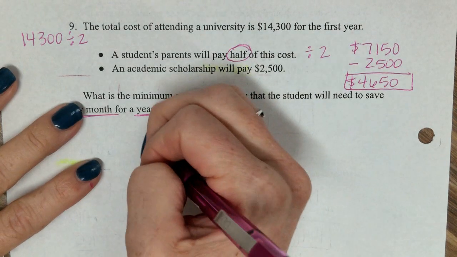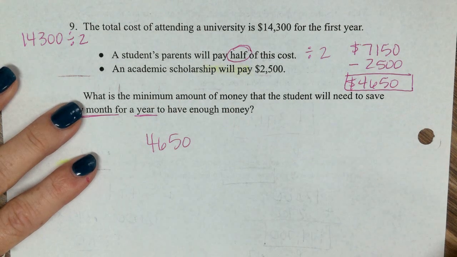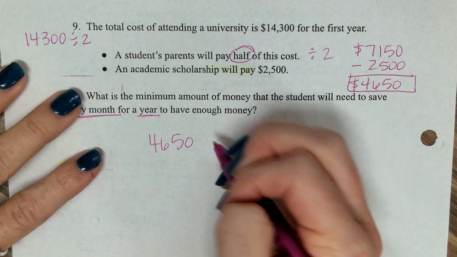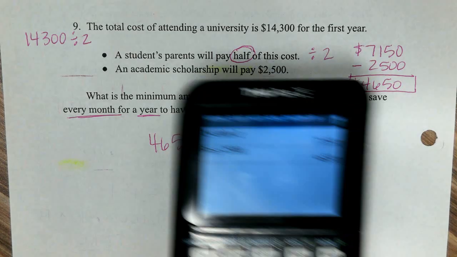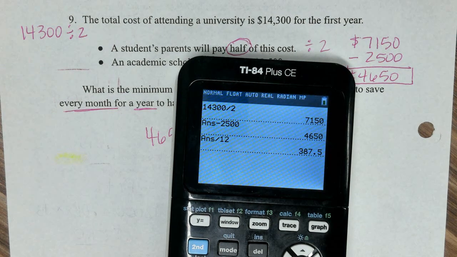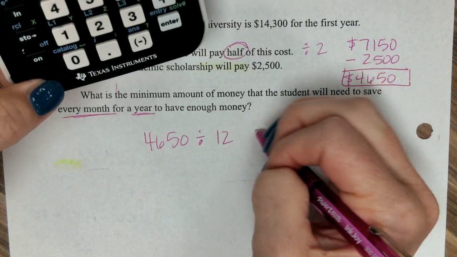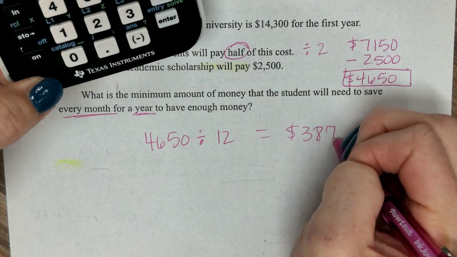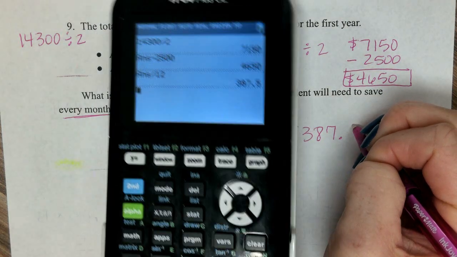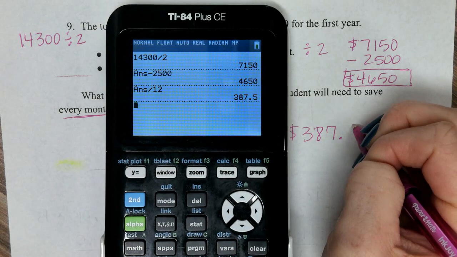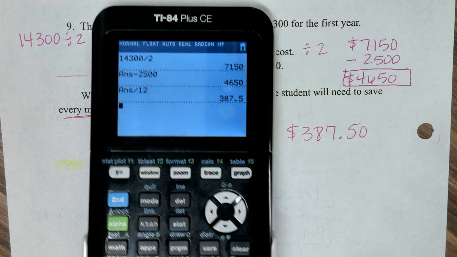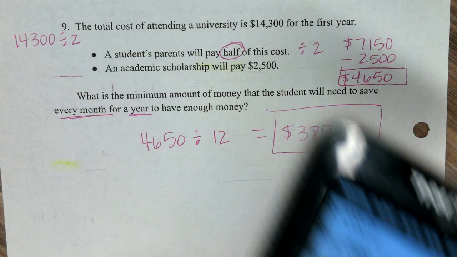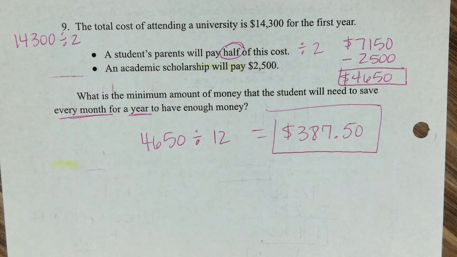There's 12 months in a year. So divide by 12. She needs to save $387 and 50 cents. Is that 50 cents or 5 cents? 50 cents. Don't question yourself. You had it right. Every month for a year to have enough money for college.